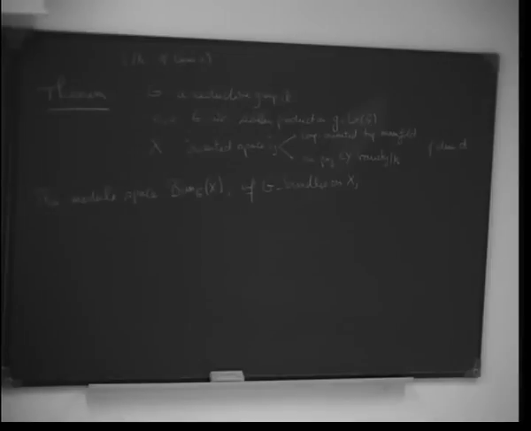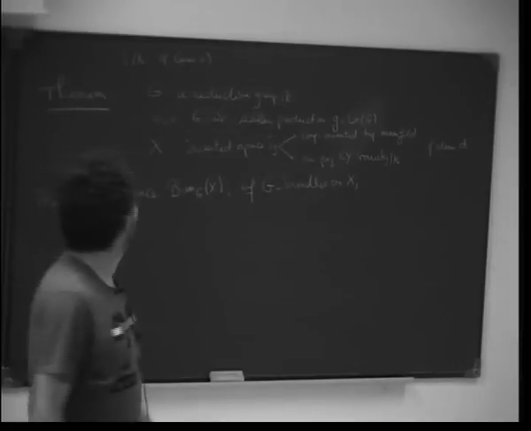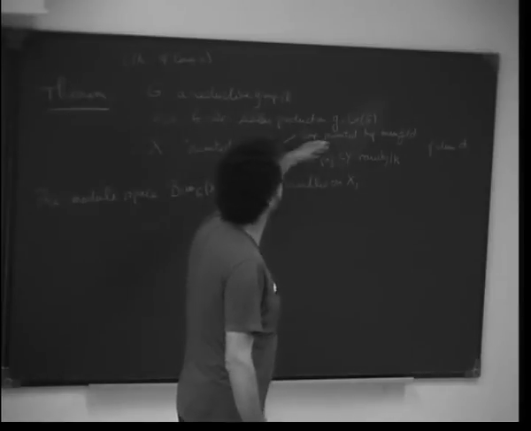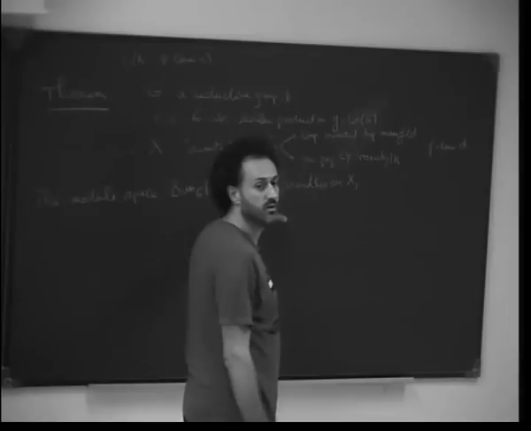So this module, sorry? You said flat bundles? I said flat bundles. In this topological case here, by flat bundles, I mean representation of the fundamental group with coefficient in G.